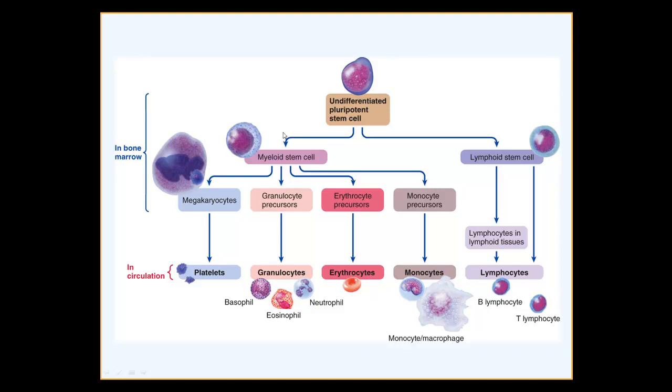But I just want you to remember from this graph the lineage of the lymphocytes and the lineage of the granulocytes, because often we hear the terms acute myeloid leukemia and acute lymphocytic leukemia, and I want you to understand where they come from. They're essentially cancers of either of those stem cells.